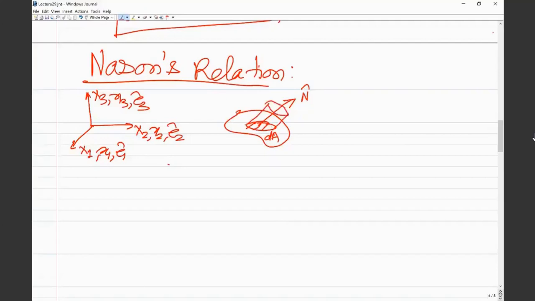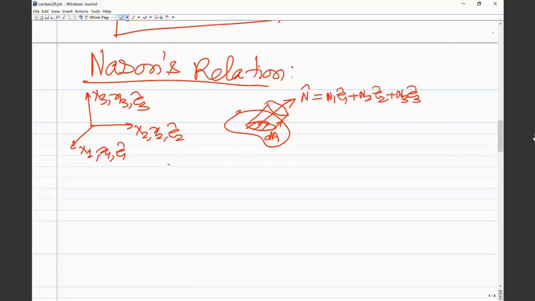So now we have area dA and normal n cap, and let us say this normal to the area, n cap, has components n1 e1 cap plus n2 e2 cap plus n3 e3 cap. These are the unit normal to the area, and dA is the magnitude of the area.